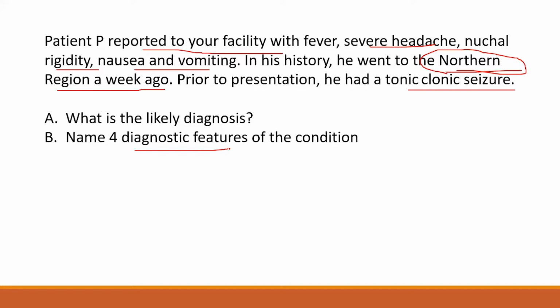Again, you can talk about photophobia, that is intolerance to bright light. You can also talk about phonophobia, that is intolerance to loud noise. You can also talk about intoxication syndrome.